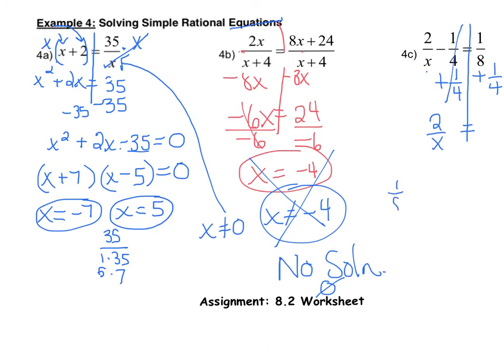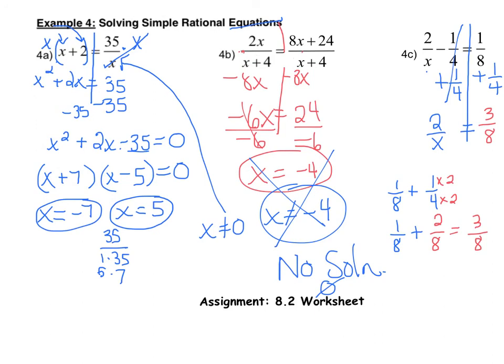We can't add 1/8 and 1/4 because they don't have the same denominator. But what do you do to 1/4 to make it into 8ths? Multiply on top and bottom by 2. So we're going to add on 2/8. So 1/8 and 2 more 8ths all together is 3/8. So that's what this equation equals. 2 over x equals 3/8.